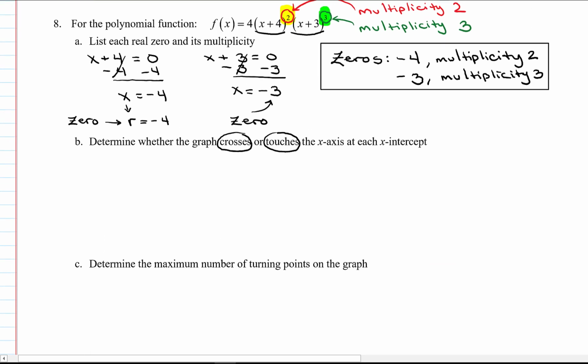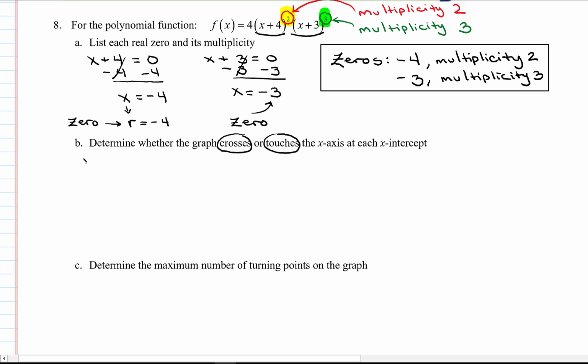So looking back at this problem right here, I'm going to have to look at the multiplicity of each of these zeros. So here I had -4 times x plus 4 quantity squared times x plus 3 quantity cubed. Looking at this first one, I can see that this one has a zero of -4.